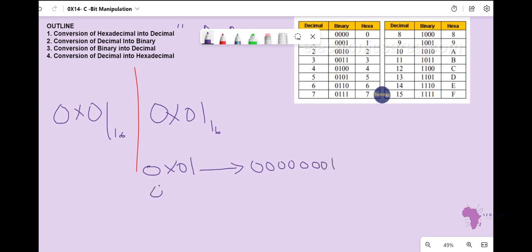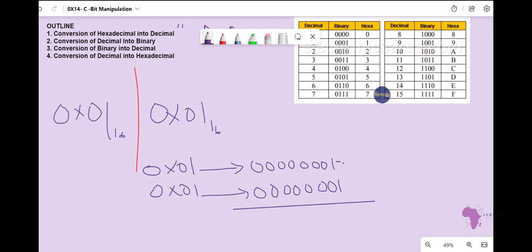The same case for the other one, 0x01, which is equivalent to 0, 0, 0, 0, 0, 0, 0, 1, like that. And then remember this is OR. OR means that whenever you have at least one, whenever you have either 1, 0 or 0, 1, it will still be accepted as true. Or even if it is 1, 1, it will be true.